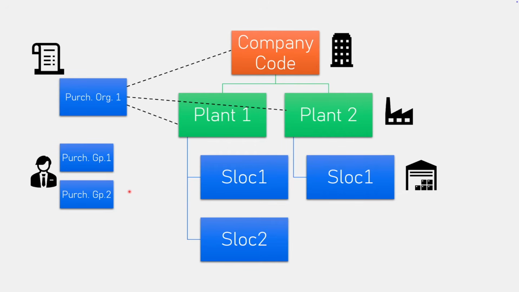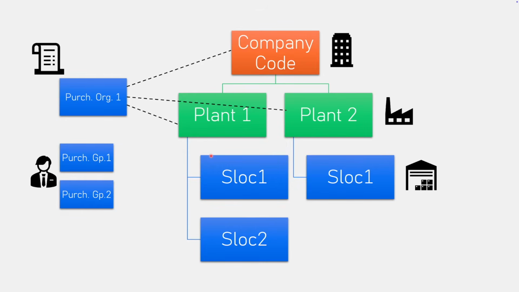Whenever you create a purchase order, in the header you have to enter three things mandatorily: the company code, purchase organization and purchase group. And at line item level you have to mandatorily enter the plant. When you receive the material through the GR, then at that time entering the storage location is mandatory.